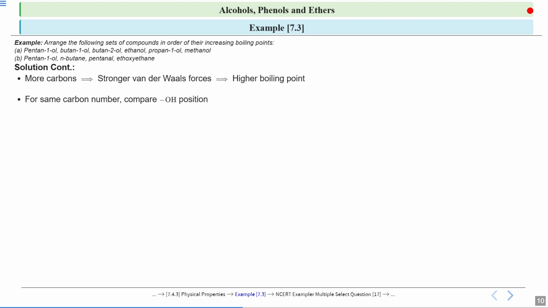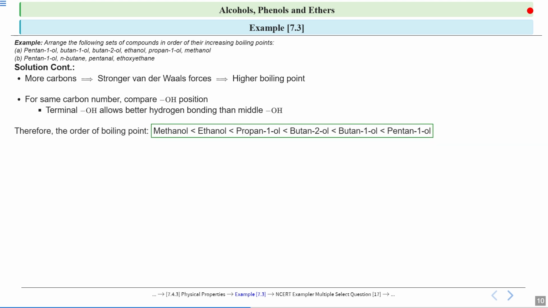For the same carbon number, you also have to compare the OH position. The terminal OH allows better hydrogen bonding as compared to the middle hydroxyl group.